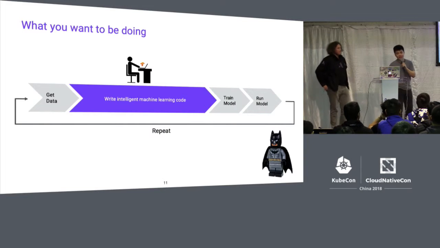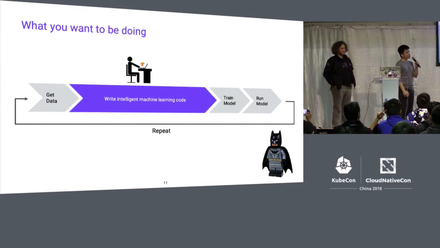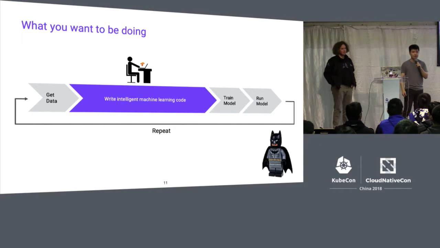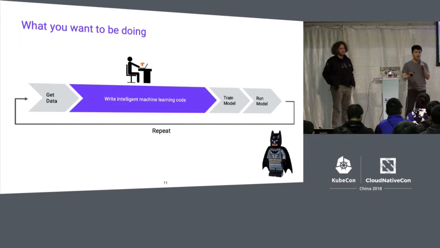So that's what our data scientists are supposed to do. They're supposed to focus on intelligent machine learning code, and given a data set, no matter if it's large or not, they should be able to train the model, run the model, and then improve the code and do it again and again.